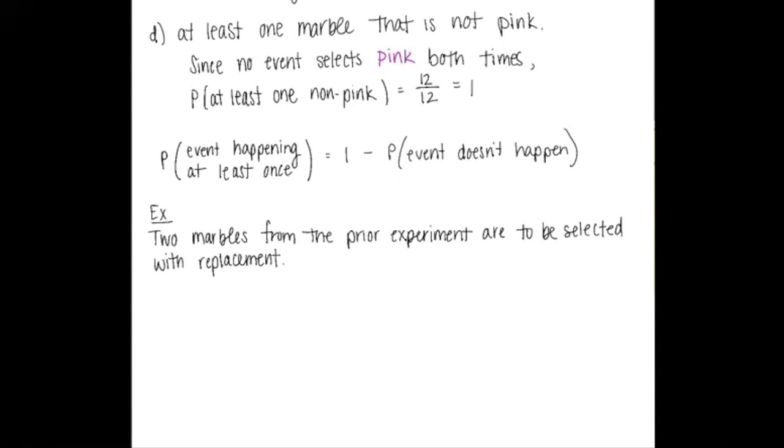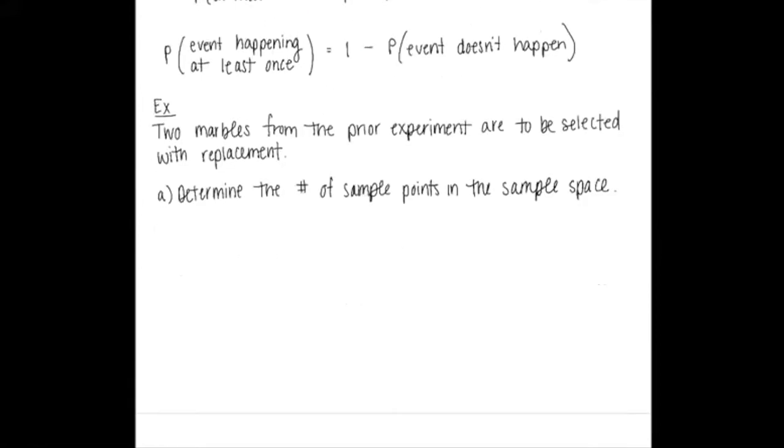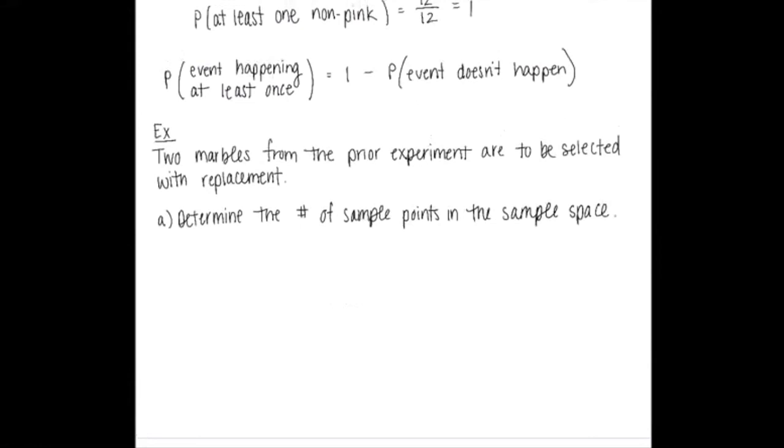Okay. For our first part, we want to determine the number of sample points in the sample space. So for the first draw, how many possibilities do we have? Now I picked that marble, I'm replacing it. So how many possibilities do we have for the next? 4 again.